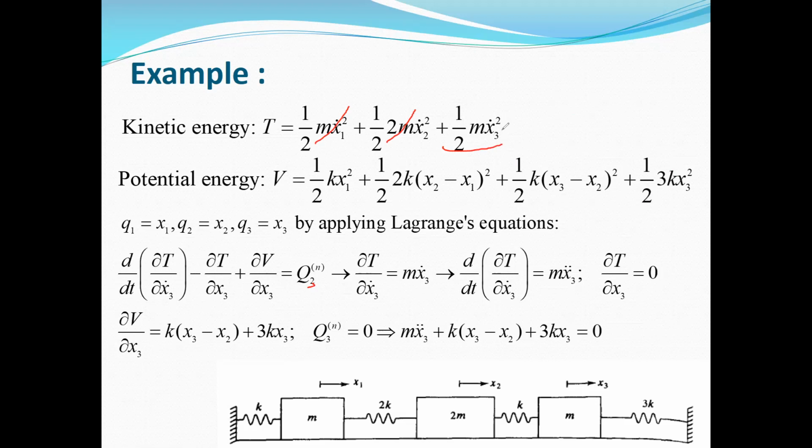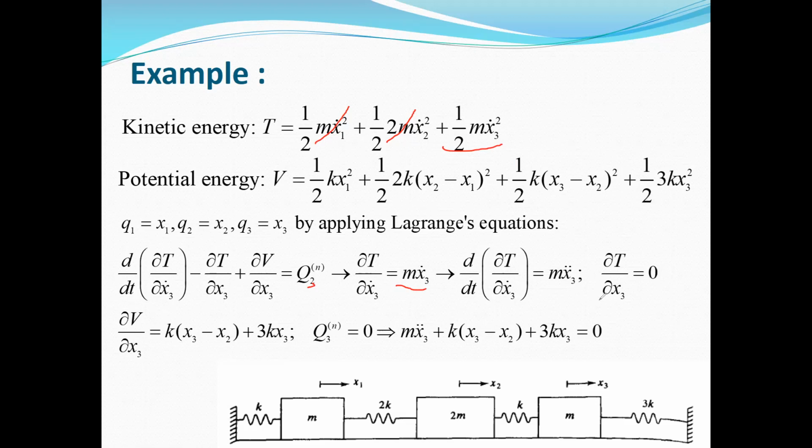So it's equal to 2 times half times m times x3 dot, or m x3 dot. The derivative of this term with respect to time is m x3 double dot. And the derivative of T with respect to x3 is 0 because T is not a function of x3. The kinetic energy here is only a function of the velocities.